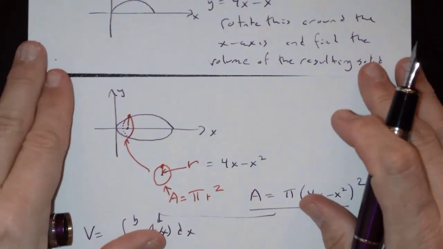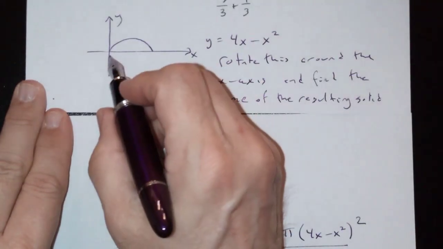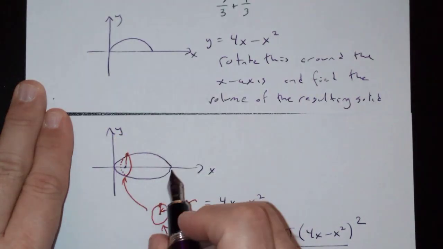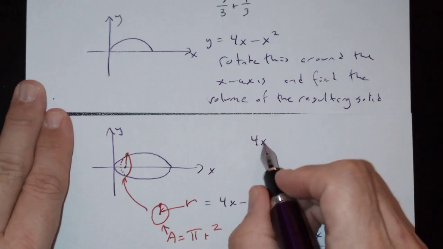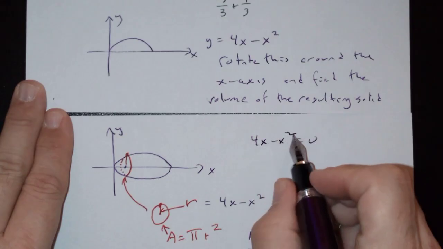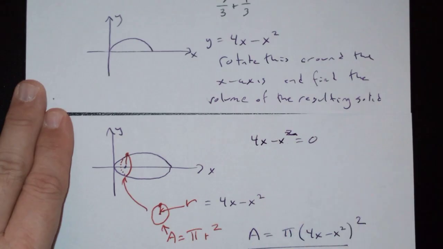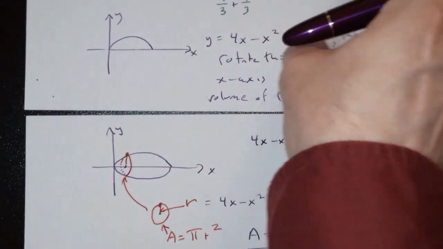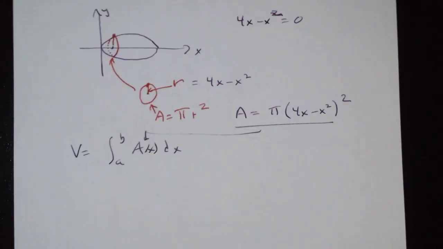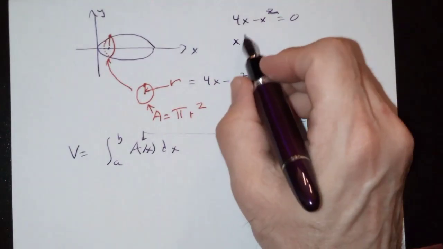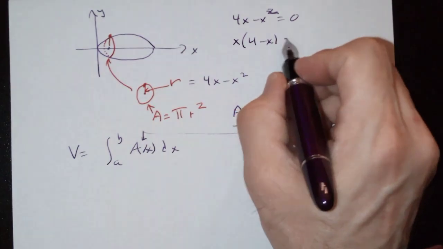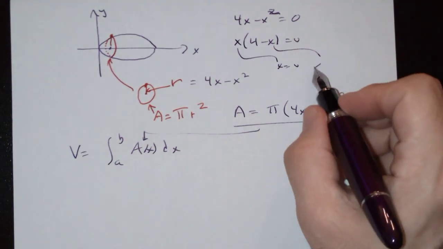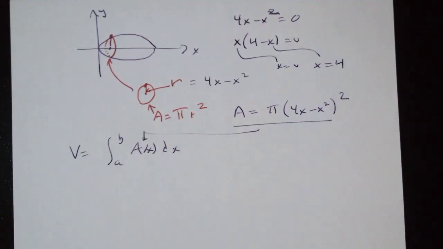Because if I go back up to this picture, that would be here and here. Down here would be this spot and this spot. 4x minus x squared equals 0. What x values make that happen? Zero and 4.